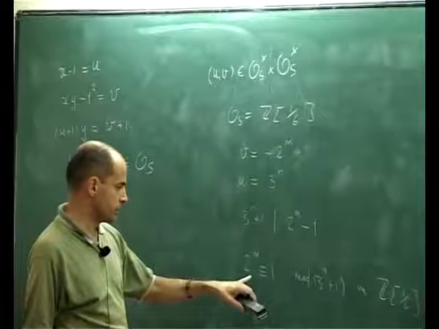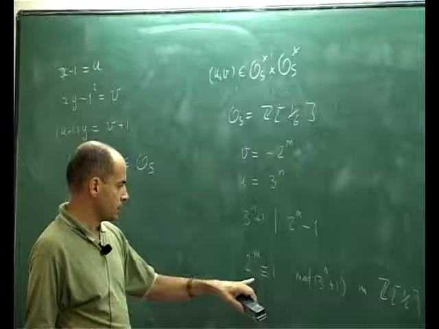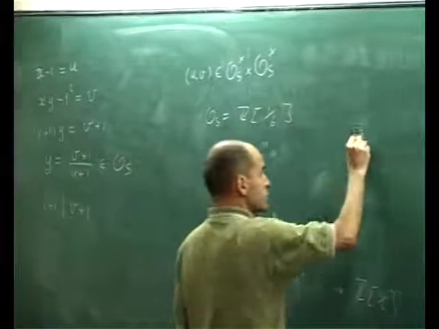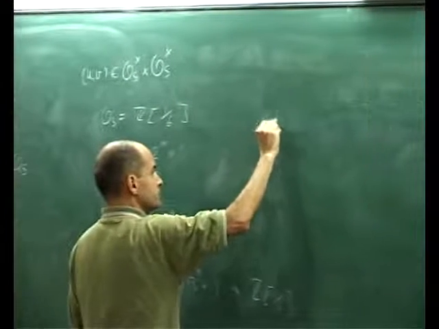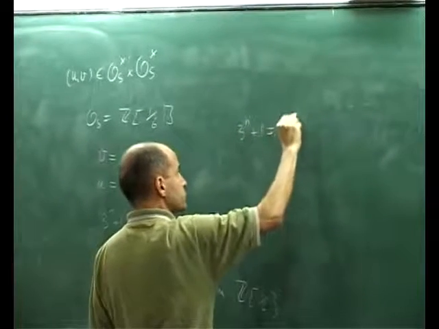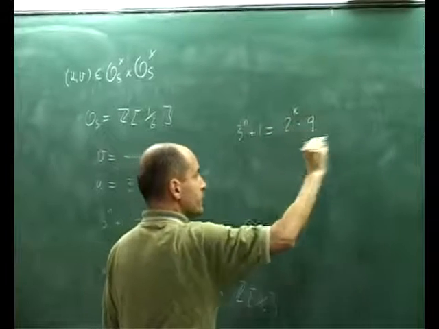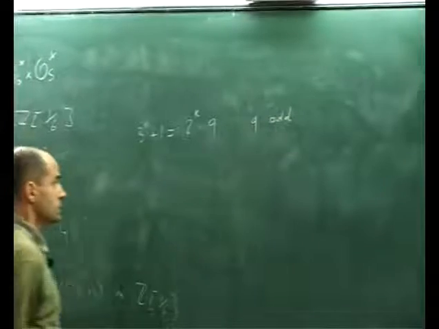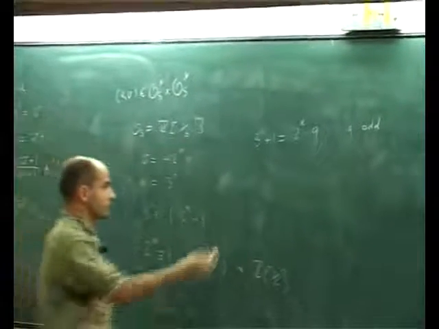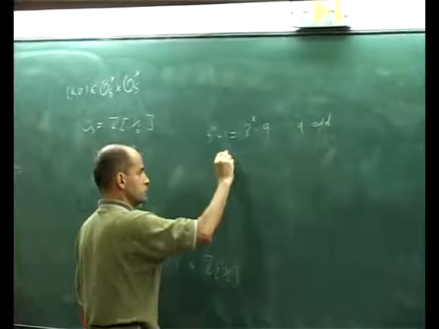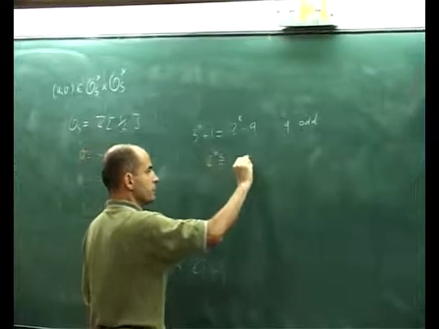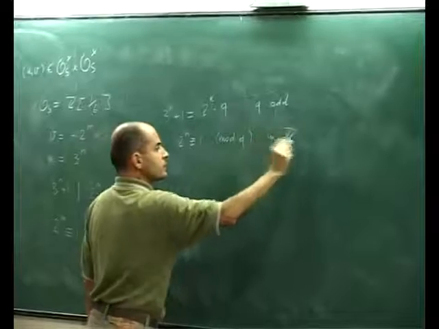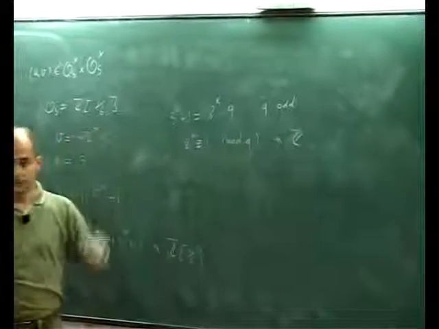So we have to write 3 to the n plus 1 as a power of 2 multiplied by an integer q, and then take 2 to the n congruent to 1 modulo q in the usual ring of integers.